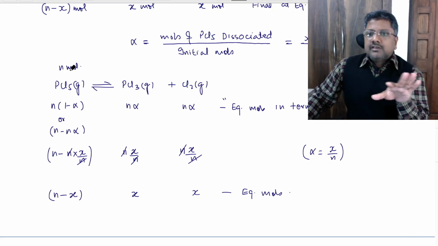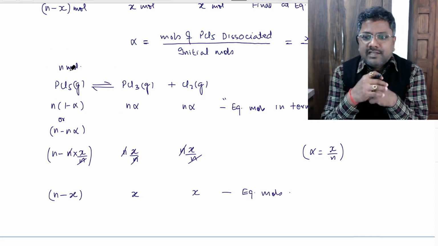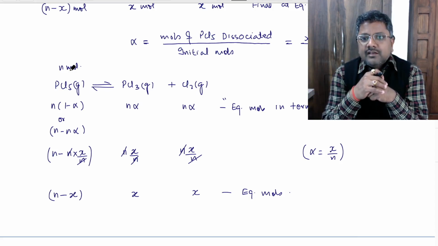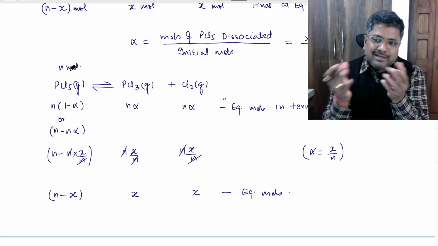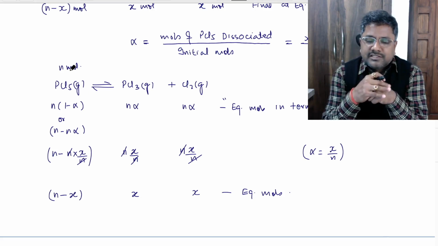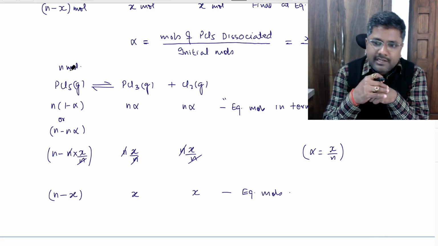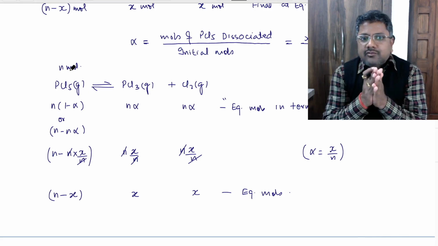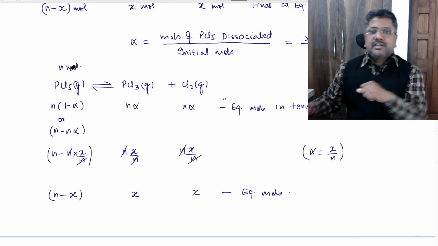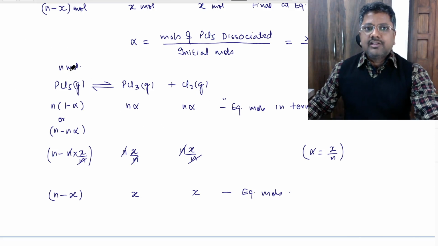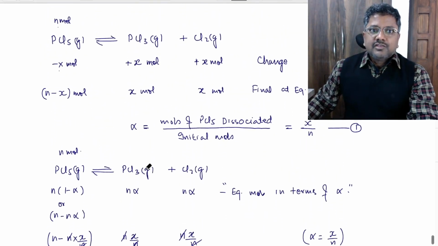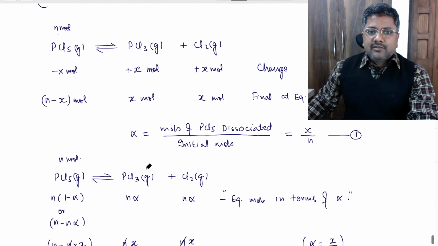It is sometimes advisable, because sometimes the examiner will not give you the initial moles and you require that. So instead of taking n mole or a moles, you take 1 mole. And if you take 1 mole, your answer will not be affected in such calculations of degree of dissociation. So in this way you can calculate alpha.